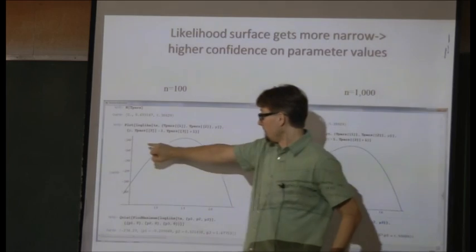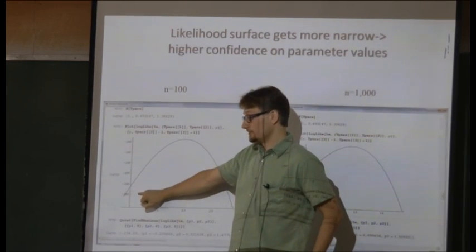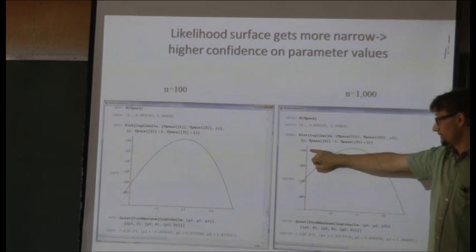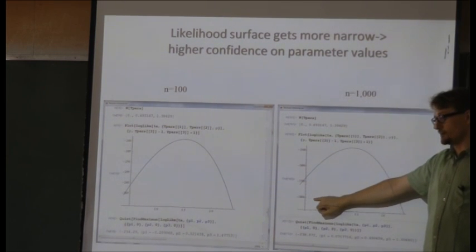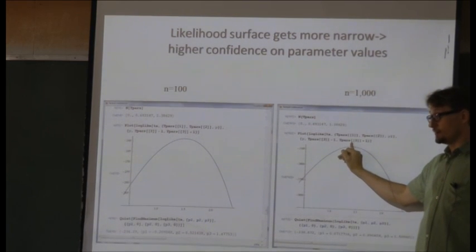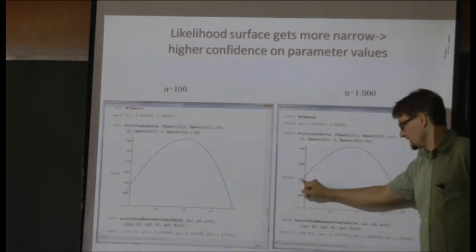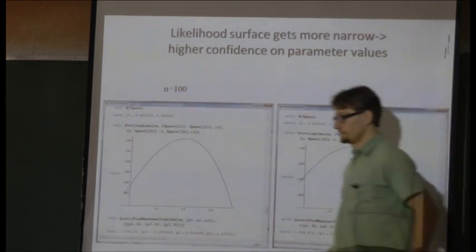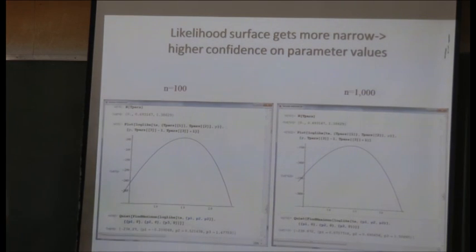Here we go from -220 to -260. Here we go from -2,500 to -2,800. So here we are much more confident that the value is somewhere here, because these values are so much lower than those values. So if you have more data, you have higher confidence in your parameter estimates.